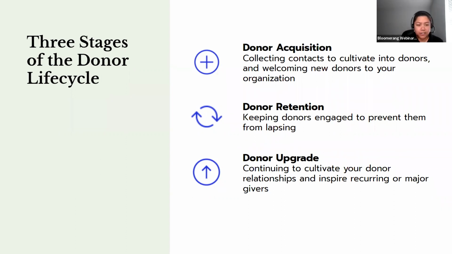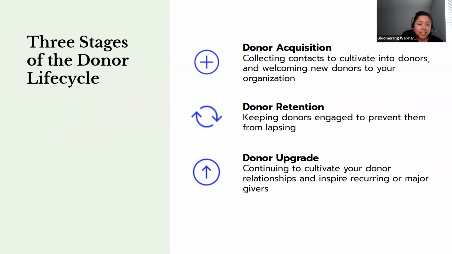So the acquisition could be creating or getting new contacts into your organization that then become donors, or activating the contacts in your database that may never have given before and turning them into first-time donors, activating that cycle of retaining them and upgrading them and lifelong giving.